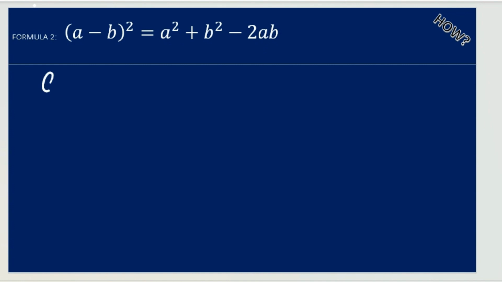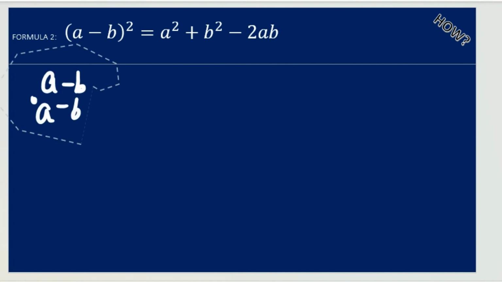So we are going to do (a - b) times (a - b). So again, just like I said in the first formula, (a - b) squared can be written as (a - b) times (a - b). So we're just going to do that multiplication question to get the right hand side.